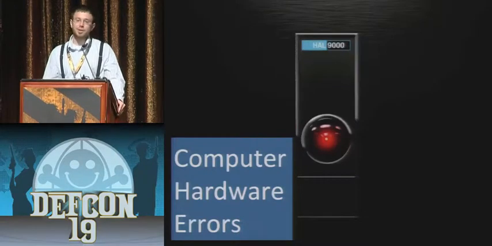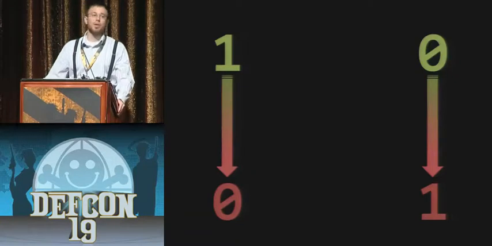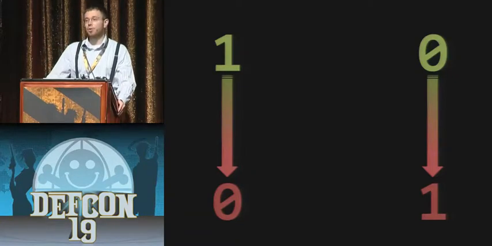And the thing is, computers are devices made by mere mortals, and they have things like tolerances and mean times to failure. One of the potential failures that can arise is called a bit error. And in literature, these are sometimes referred to as single event upsets. And this means that the electrical representation of a 1 gets transformed into a 0, or the electrical representation of a 0 gets transformed into a 1.